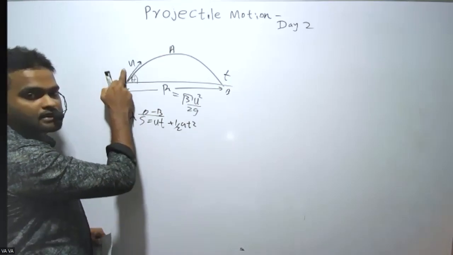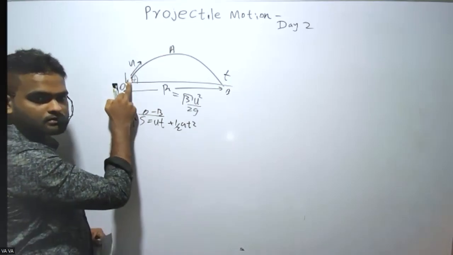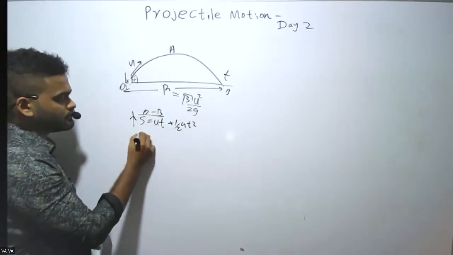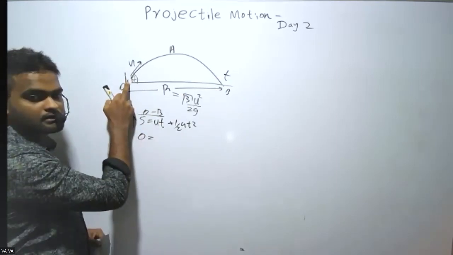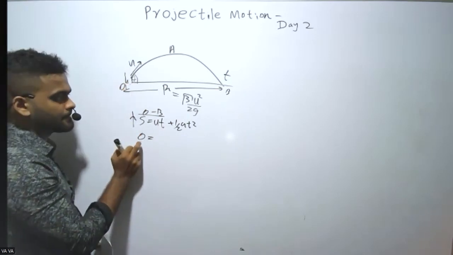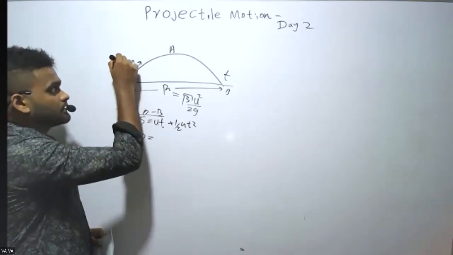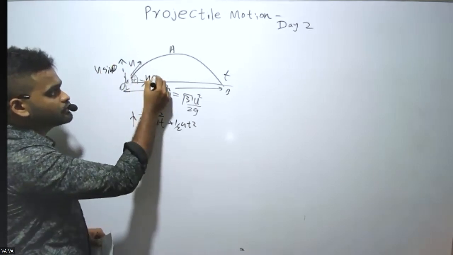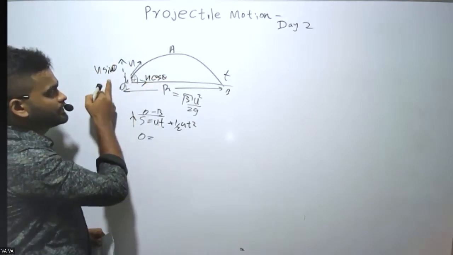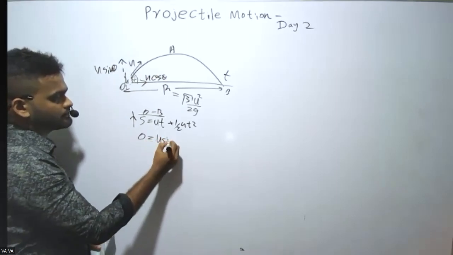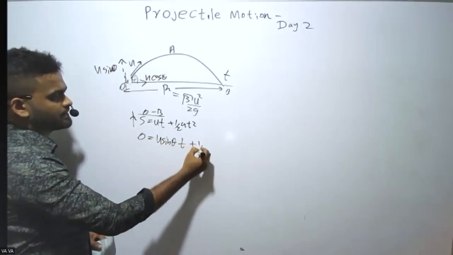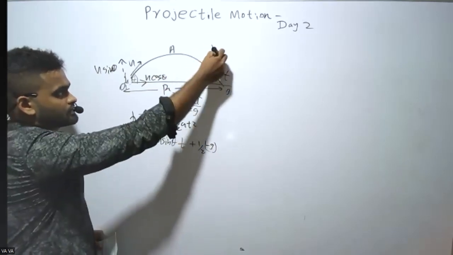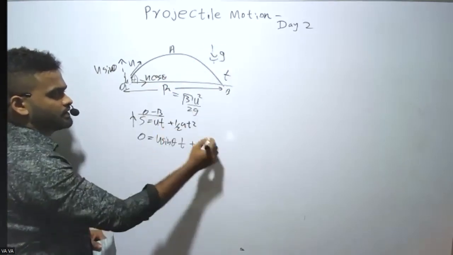The vertical component goes up and comes down as it goes on the projectile, so the displacement is 0. Vertical component u sine theta, horizontal component u cos theta. So we need the vertical component u sine theta times time, plus half minus g, acceleration downwards, so it is minus here, t squared.